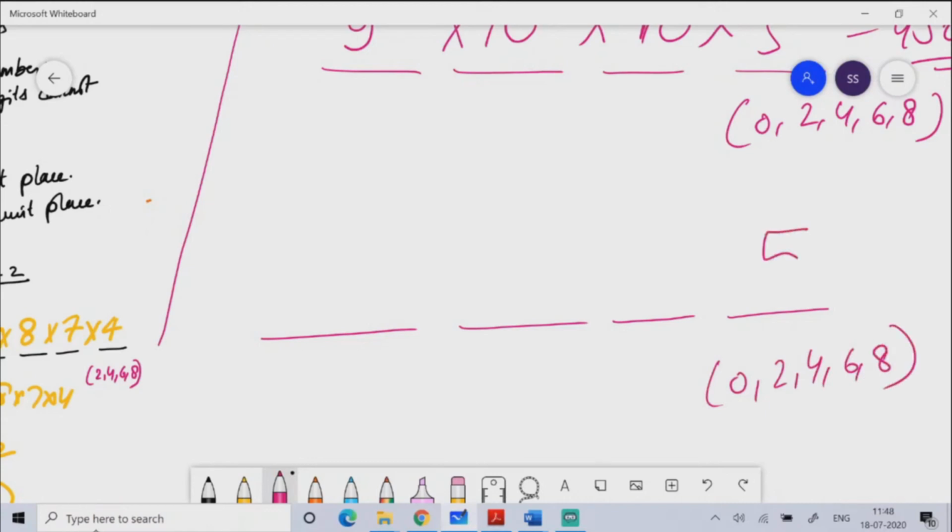So here you write 5, meaning any of 2, 4, 6, 8 or 0 can come. This 5 is not the digit 5, it is the number of ways any digit can come.